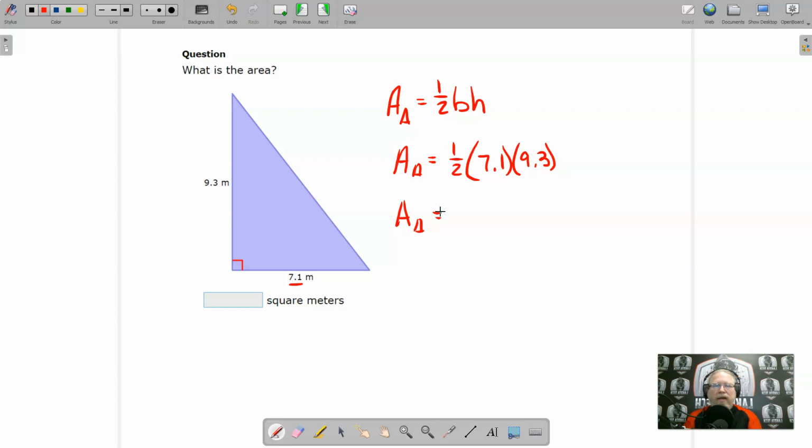So again, the 1/2, I'm going to use 0.5 in the calculator, times 7.1 times 9.3. And the product of those three factors is going to be 33.015. So 33 and 15 1/1000ths.